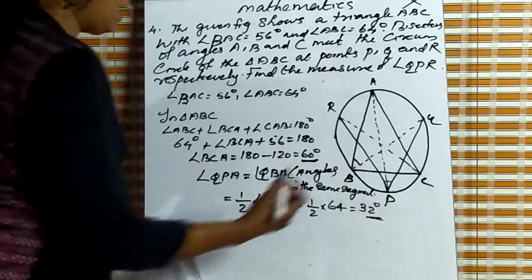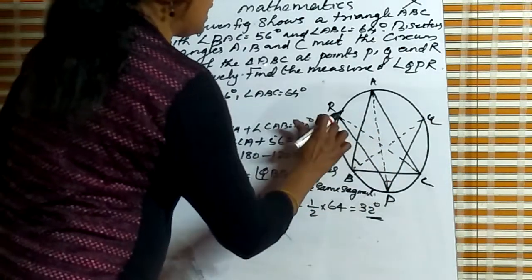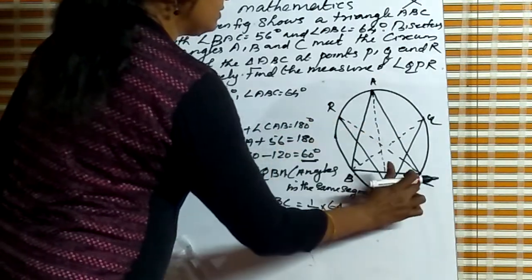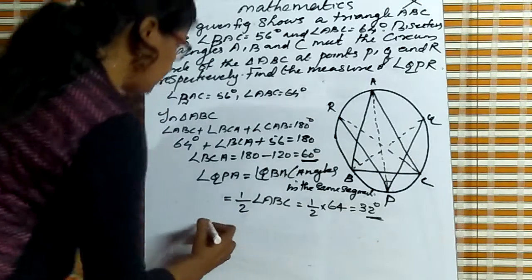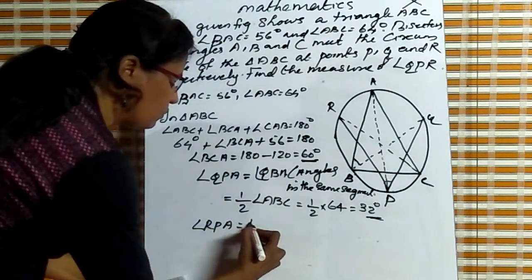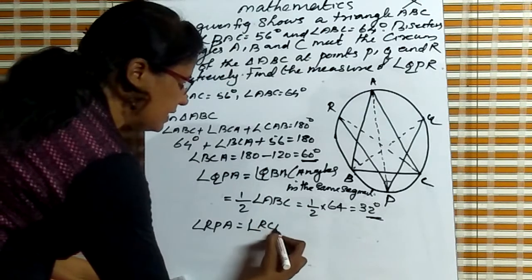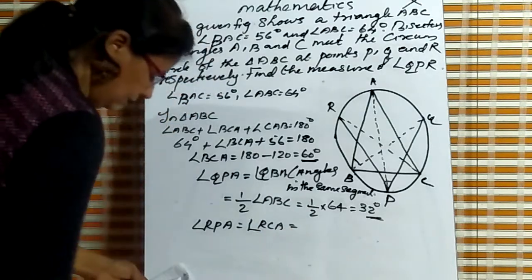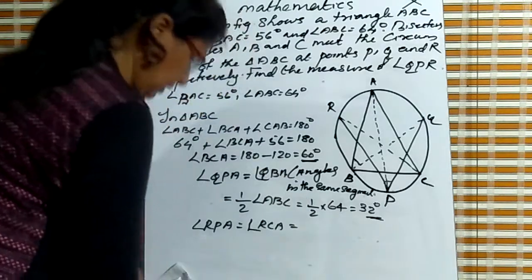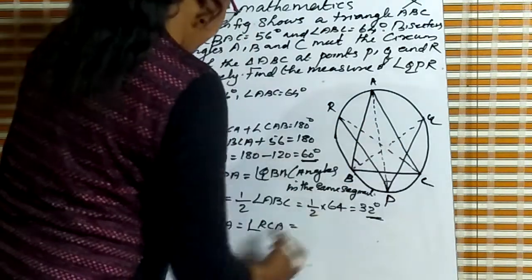Now angle RPA and RCA. RPA and RCA belong to the same segment. Angle RPA is equal to angle RCA.